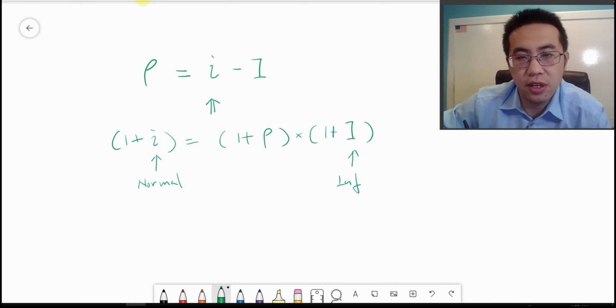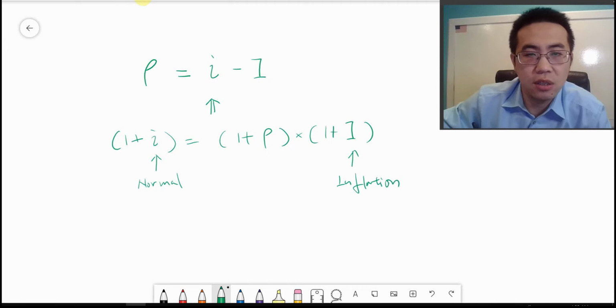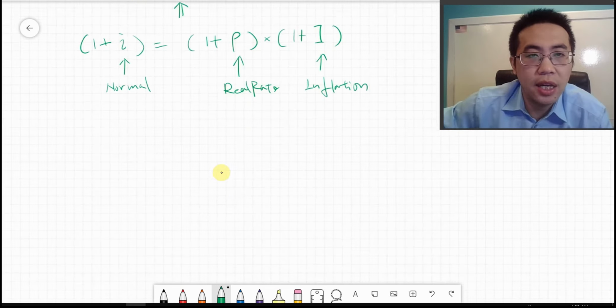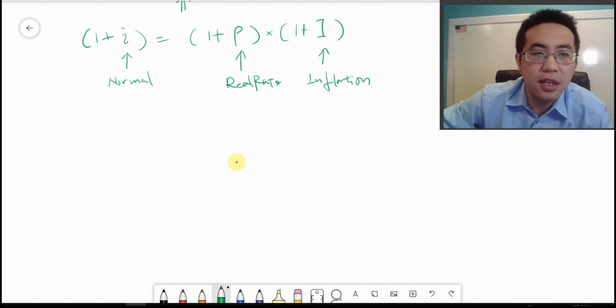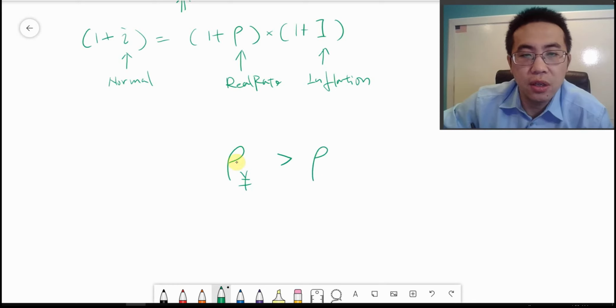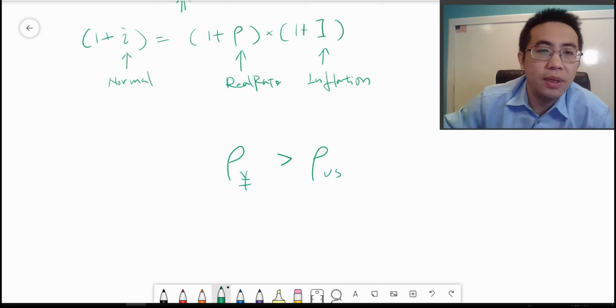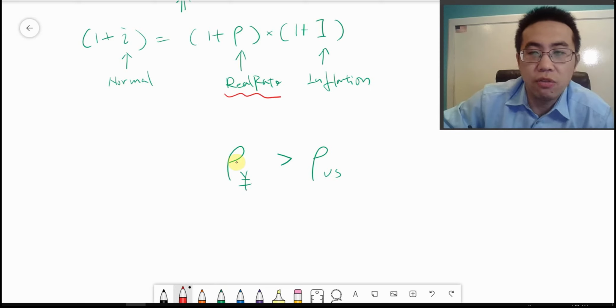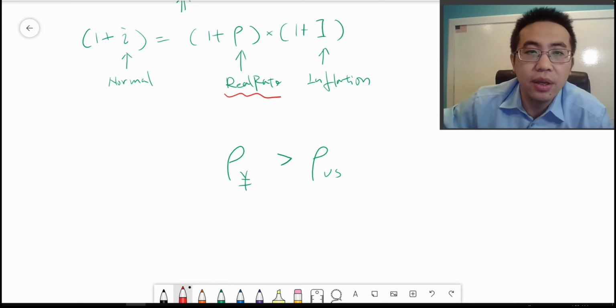This is the inflation, and this is how it could apply in the international market. Let's say we have two countries, the US and Japan. If the Japanese real rate is greater than the US rate, then what would happen? We should know that when we're making our investment decisions, we should focus on the real rate, right?